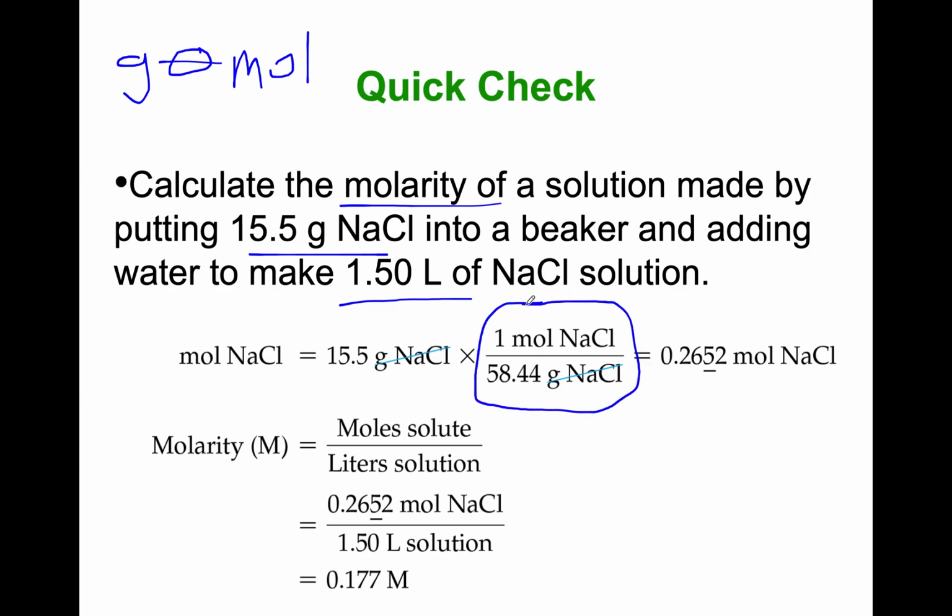Sodium 23 roughly, chlorine 35 roughly, that gets you to 58.44. So that's moles of the solute. You can see here 3 sig figs, that's what the underline's for. Then we divide by the liters and we get a molarity with 3 sig figs. So that's solving for molarity if you know the moles of solute and liters of solution.